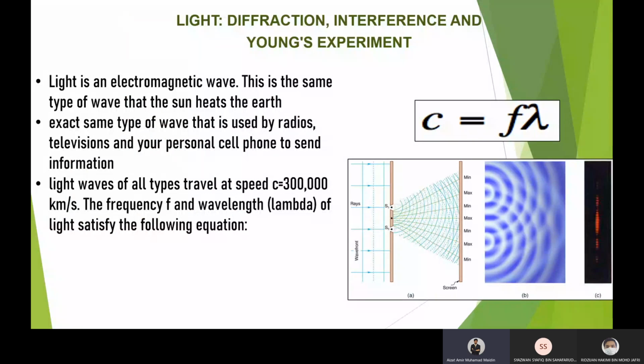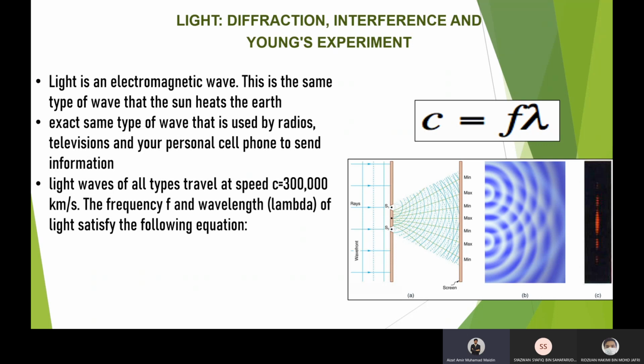Next is light, diffraction, interference and Young's experiment. Light is an electromagnetic wave. This is the same type of wave that the sun sends to the earth, the same type of wave that is used by radios, televisions, or your personal cell phone to send information.